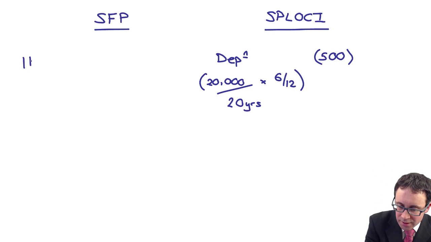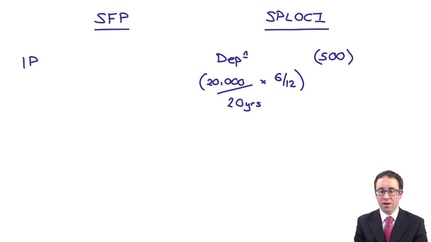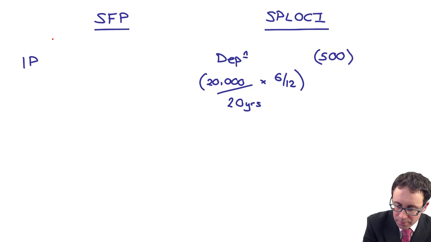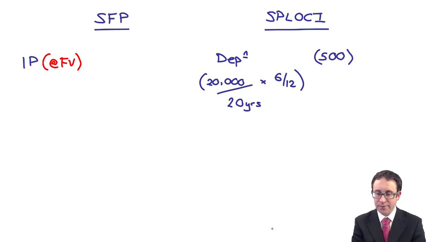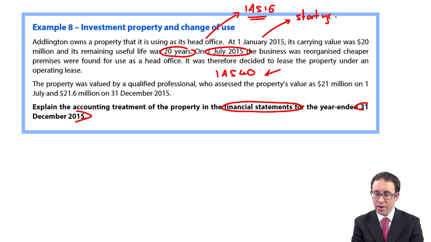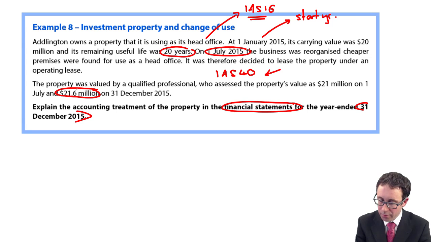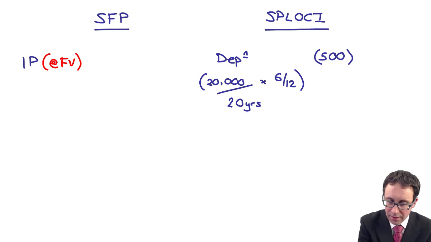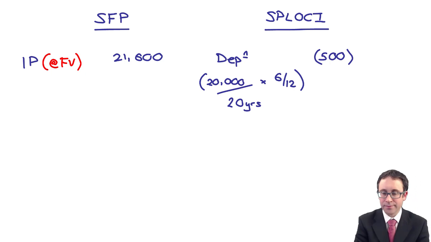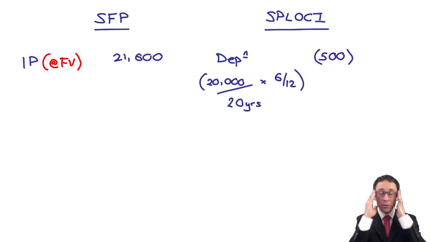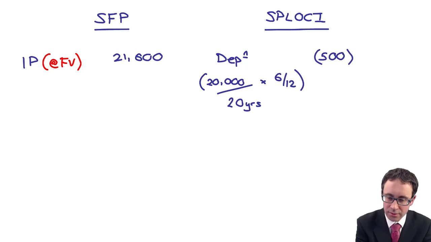Now we have investment property for the final 6 months of the year. Remember that investment property is remeasured to fair value at the end of the year. So it is now told that it is 21.6 million as IP. We need to be careful though, because I've just got the easy marks. I think getting the fair value is pretty easy.